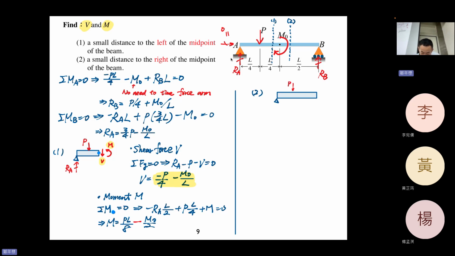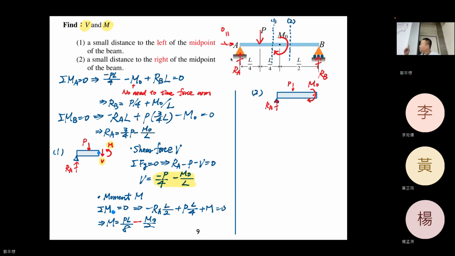P is still here, and M0 is here. And RA is still here, no problem. So you can see the difference when you slightly pass the center point, M0 occurs.